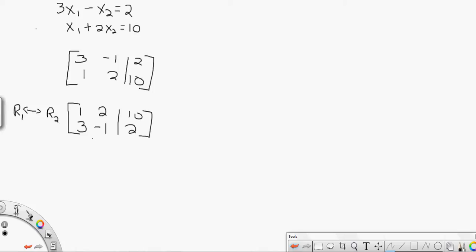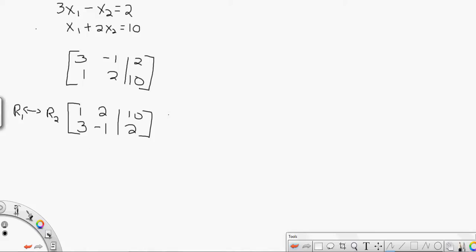Okay, so now I want to make this a 0. So if I make this row 1 a -3 and I add it to 3 and replace the second row with that result, then this would be a 0. So my next step is to multiply row 1 by -3 and then replace row 2 with the sum of row 1 and row 2.